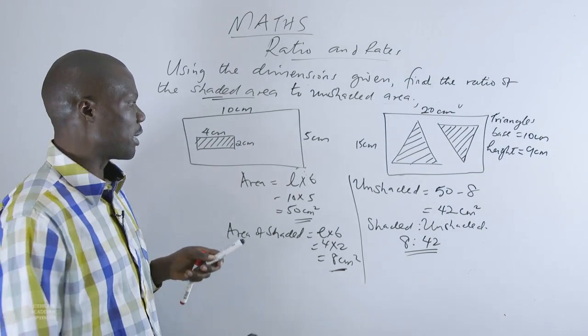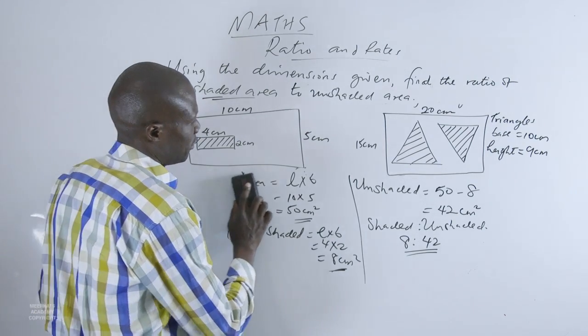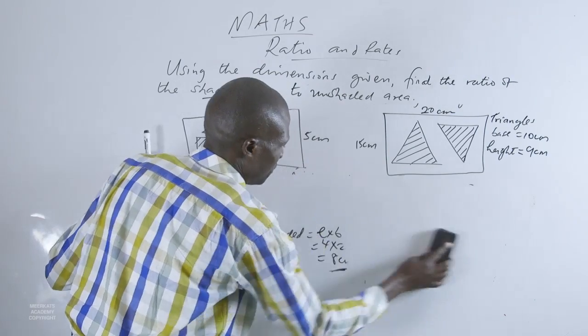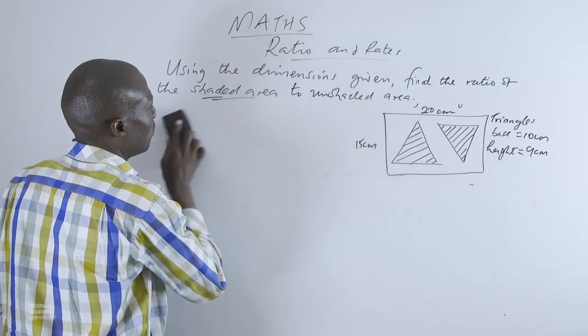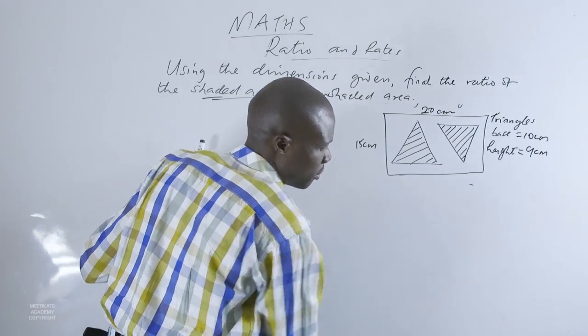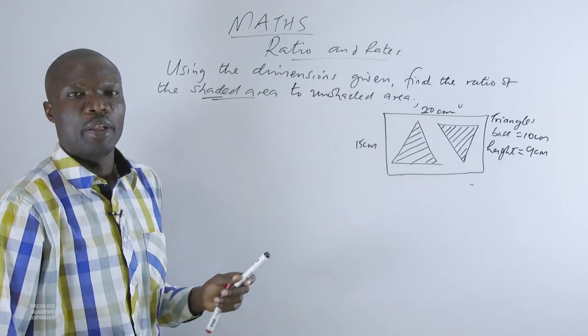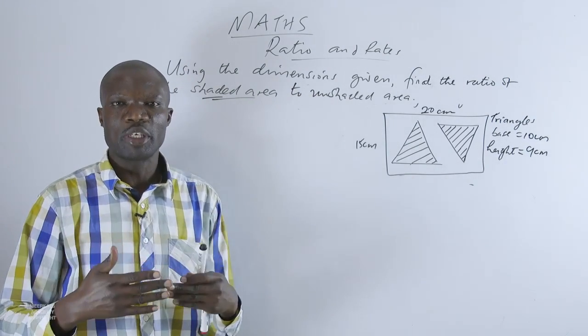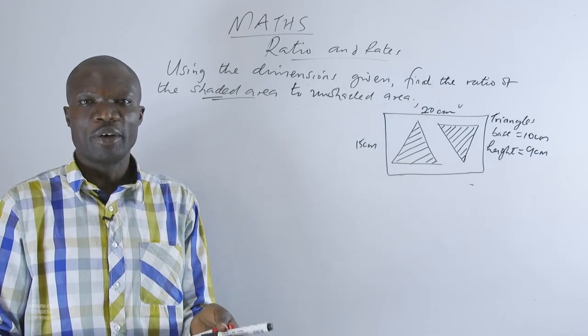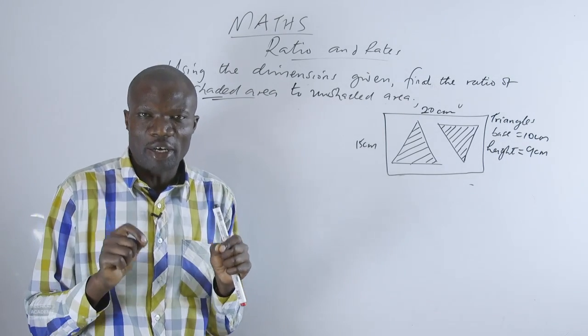For the last part, this one has got 2 shapes. One of the shapes is a rectangle, which we already know. The second one is a triangle.